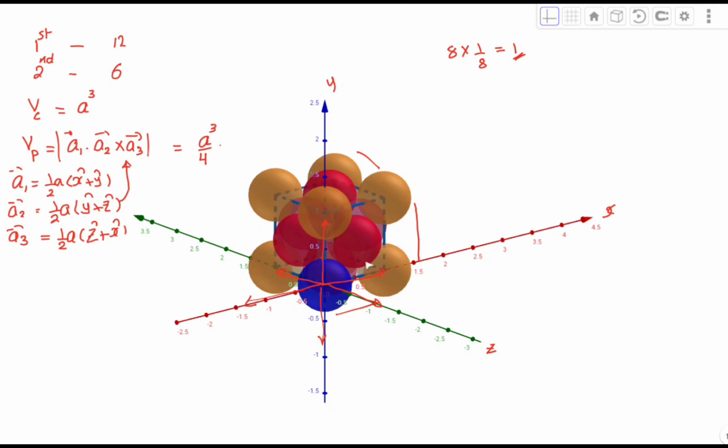Now at the center of each face of the cube, we have 1 atom. This atom here is shared with this cell and the next one. So we have 6 multiplied by half. Half of this atom is shared with this cell, and the other half shared with the next one, so it's equal to 3. In total, the number of atoms used to build this cell is equal to 1 plus 3, which equals 4.